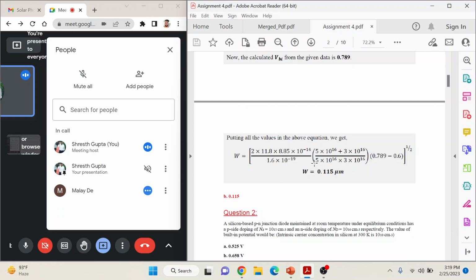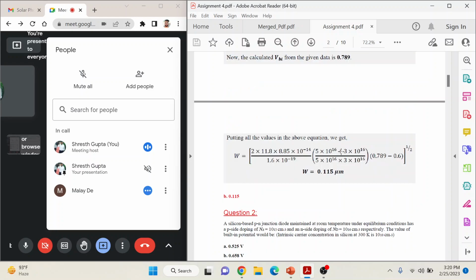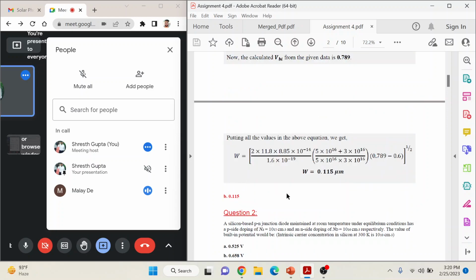So if we put all the values here, that means 2 × 11.8 × 8.85 × 10^-14 over 1.6 × 10^-19 coulomb, and Na and Nd, which were given here, 5 × 10^16 and 3 × 10^16. If you solve them and take the square root, W will come to 0.115 micrometer. That means the correct option is B, 0.115 micrometer.